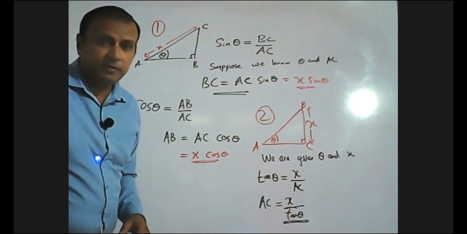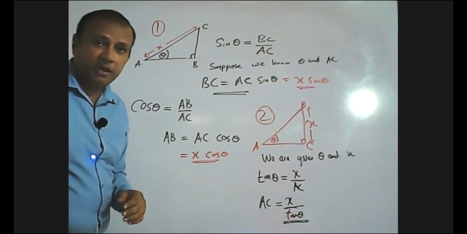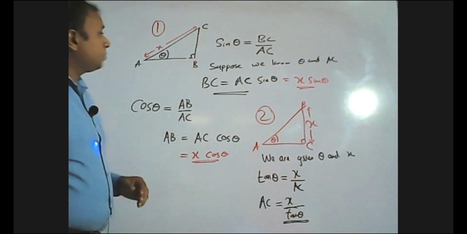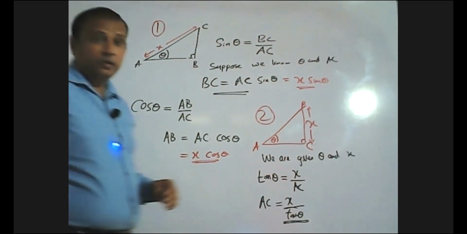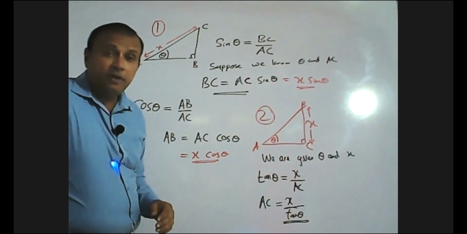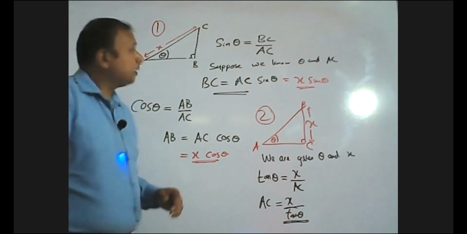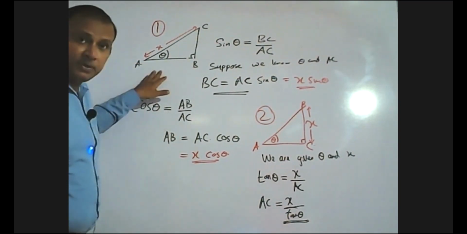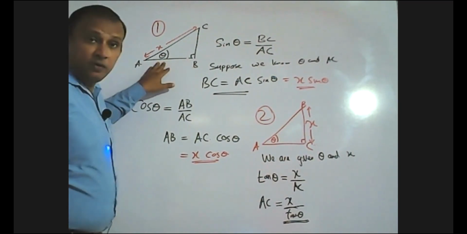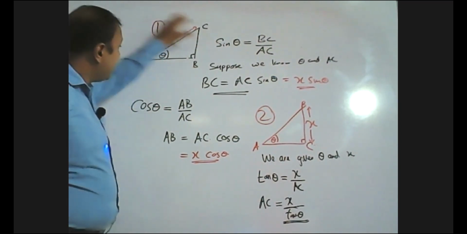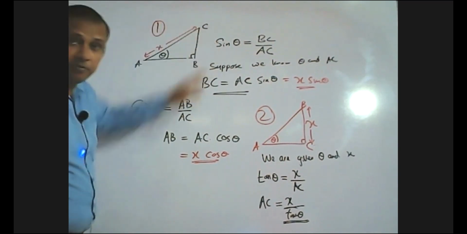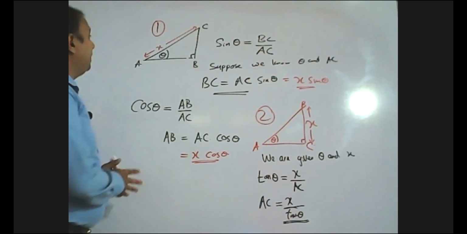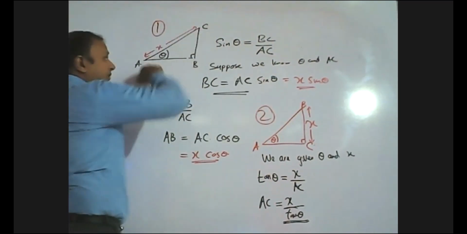We have discussed some applications of trigonometric ratios. So, I asked you to write a topic, applications of trigonometric relationships. Suppose we are given this kind of triangle. That means this is a right angle triangle.